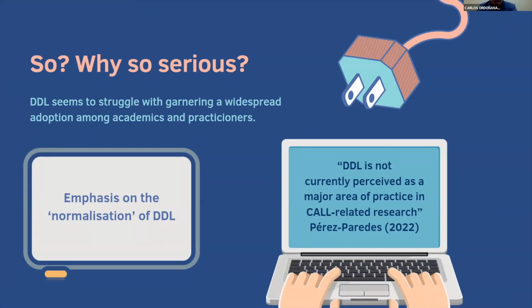There has been, throughout the years, an emphasis on trying to normalize DDL, to get it to work for all stages of education, not just tertiary education, but, for instance, secondary education teachers or primary education teachers.